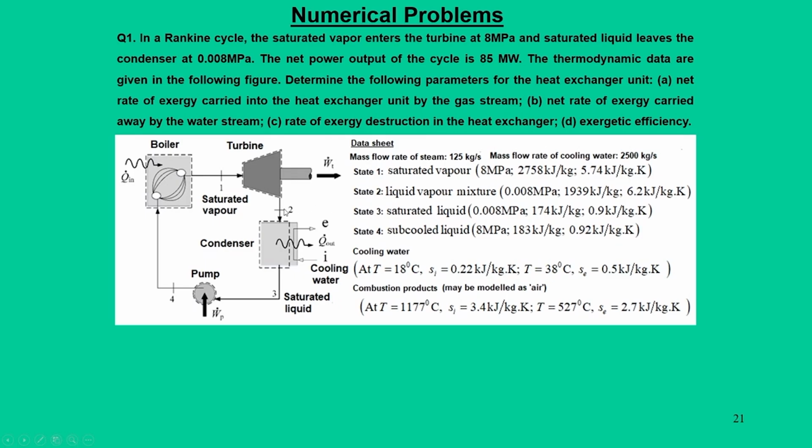Similarly, state 2, the exit of the turbine and entry for the condenser, is a liquid vapor mixture at a lower pressure of 0.008 megapascal, 1939 kilojoule per kg enthalpy, and entropy of 6.2 kilojoule per kg Kelvin. In a similar way, state 3 is saturated liquid and state 4 is almost pure liquid, that means subcooled liquid. So, these values of pressure, enthalpies and entropies are given.